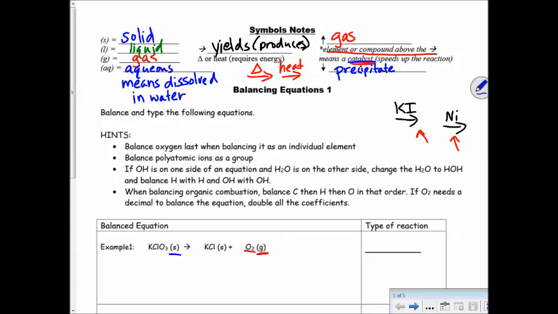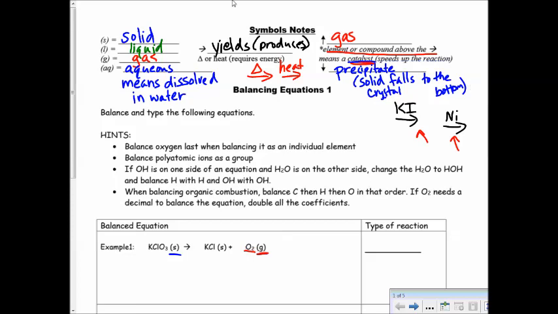The two solutions get mixed, and then you'll see solid crystals fall to the bottom, and that would be a precipitate. So let's also add on to that statement that the solid crystal falls to the bottom. And you would see a precipitate form.